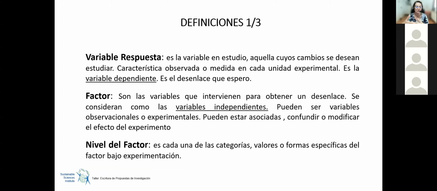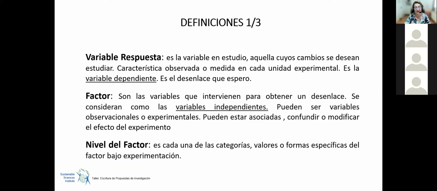There my dependent variable is the time that I require to reduce bronchoconstriction. So that's the response that I expect as an outcome, a short onset of action in an asthma crisis.